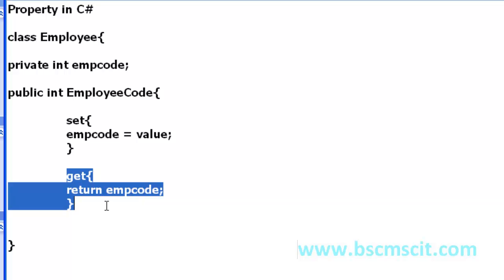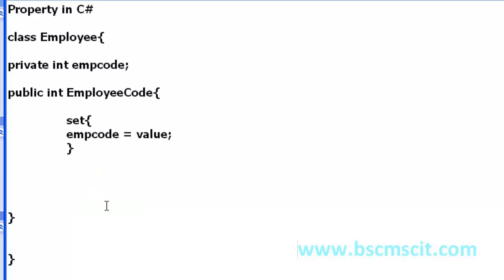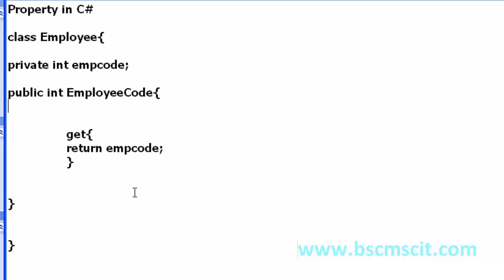So a property, let's say if I remove this, a property without get, what is it called? It is called a write only property. Or let me do vice versa now. If I remove the set accessor from the property, then the property employee code is called a read only property.